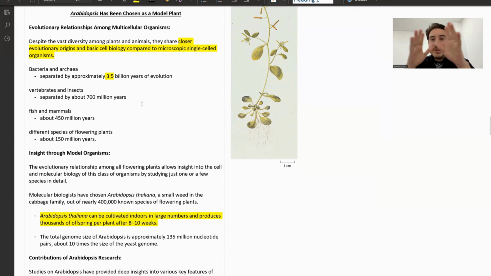Bacteria and archaea, their evolutionary lines diverged approximately 3.5 billion years ago. Billions of years of evolution. Vertebrates and insects separated about 700 million years ago. Fish and mammals, 450 million years ago. Different species of flowering plants are a lot younger, about 150 million years ago.